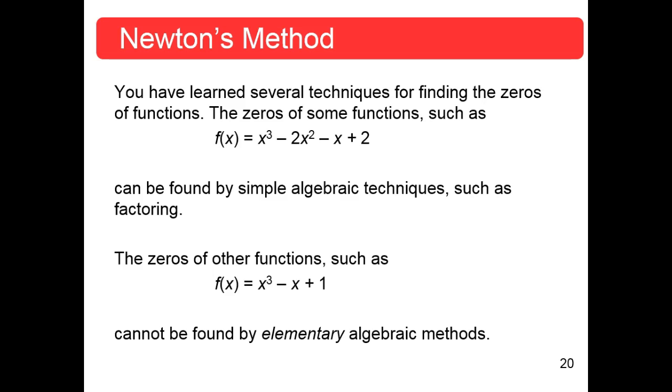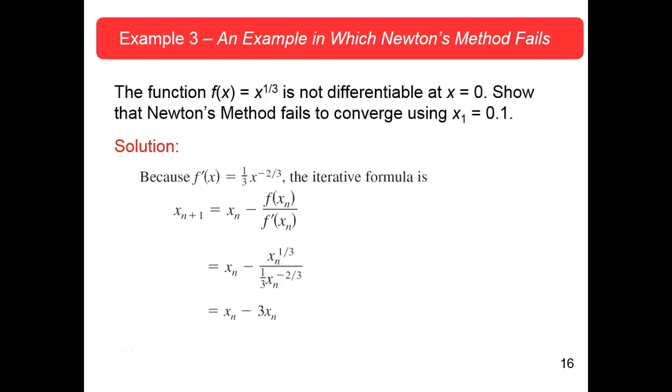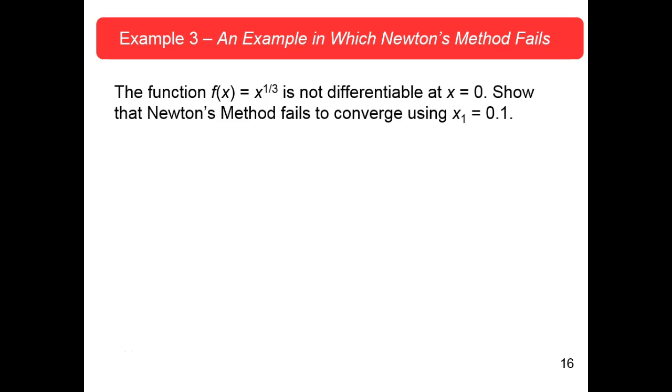Now, let's go back to example 1. F of x is equal to x squared minus 2. Let's find some screen to write on. I guess that's going to be about the best. This might be good.